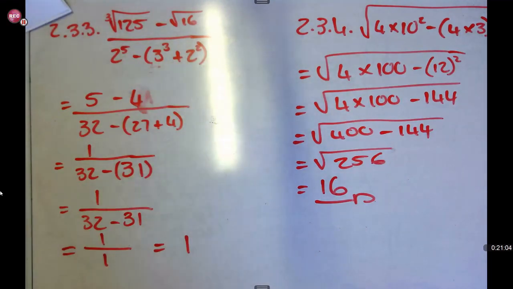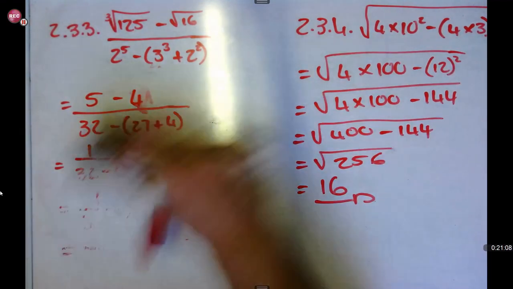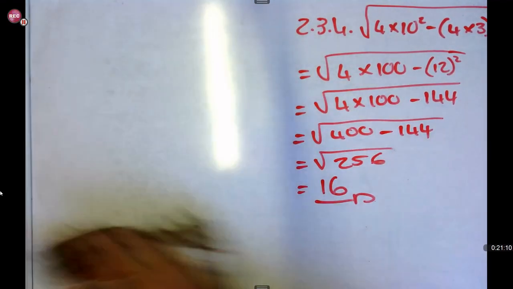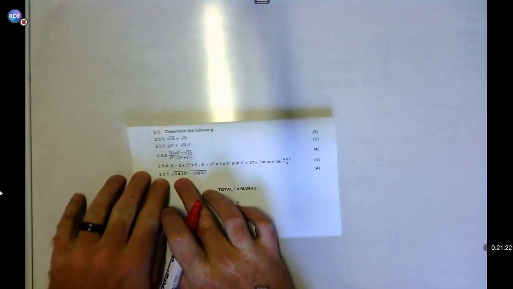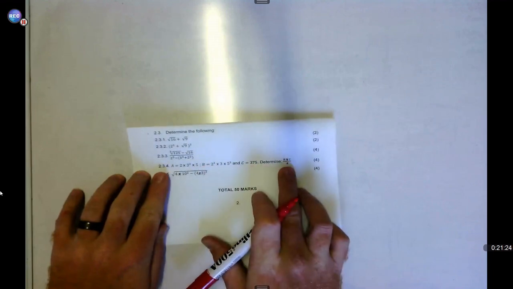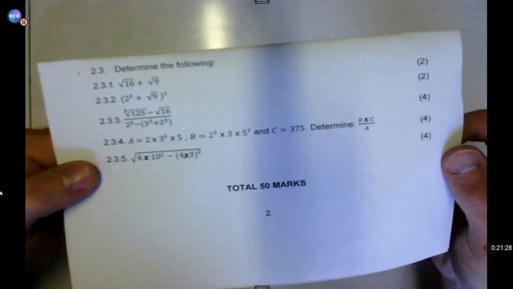Okay guys, let's jump into the next question before we continue with the next part of our paper. The next question looks as follows. I did this one as 2.3.4, but we're going to look at this question now as well.